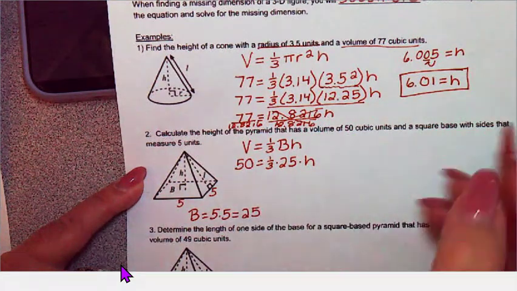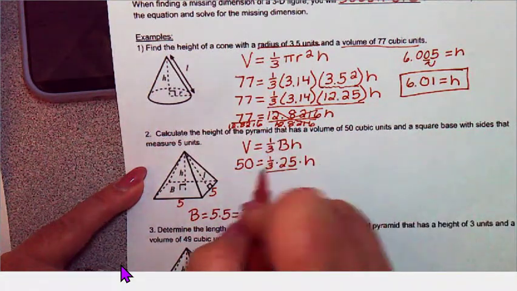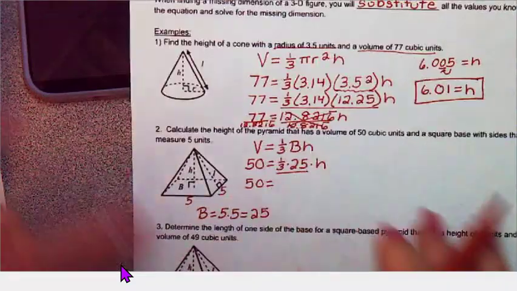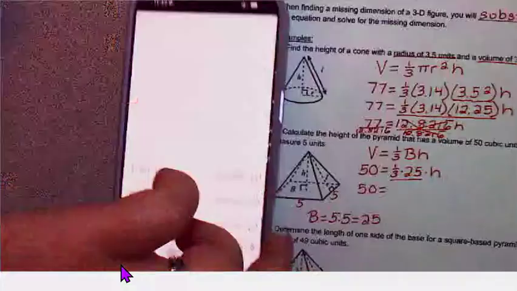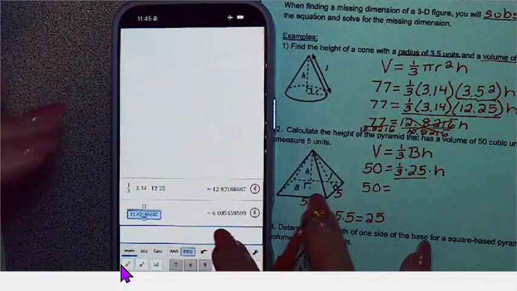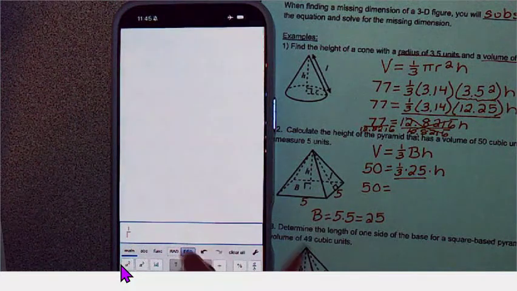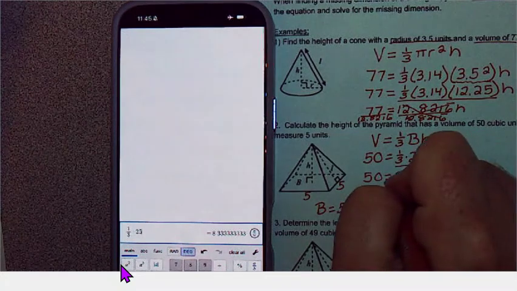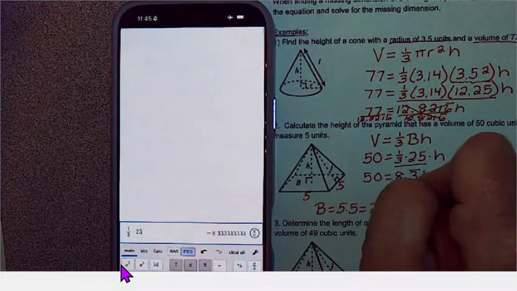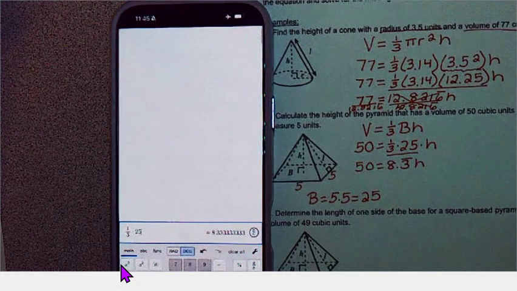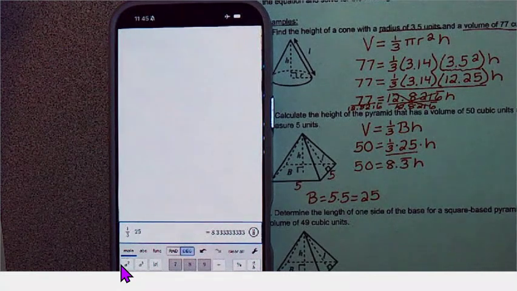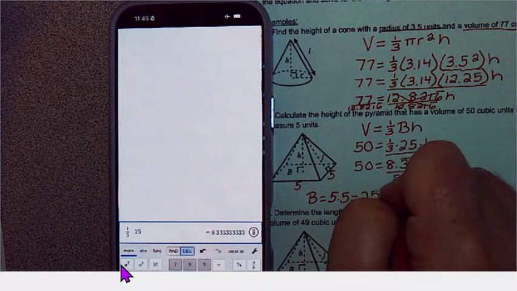So I'm going to do 1/3 times 25. If I get out my Desmos again, let's clear it. 1/3 times 25, I get 8.3 repeating h. Again, I'm at an equation, which means I would need to divide both sides by 8.3 repeating.